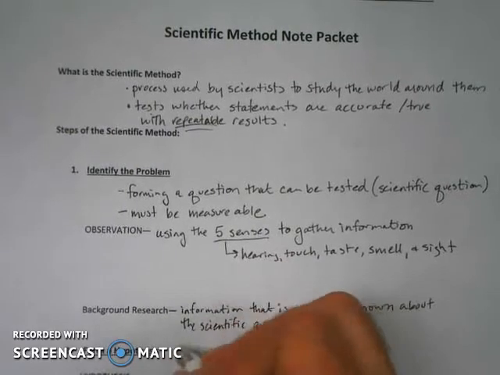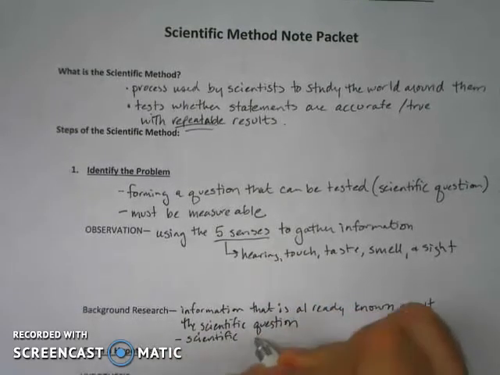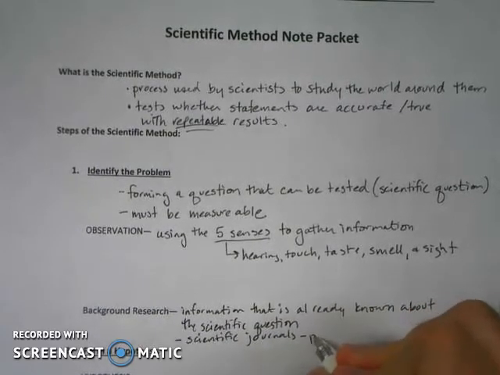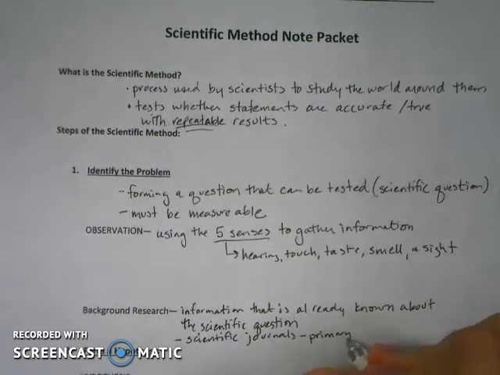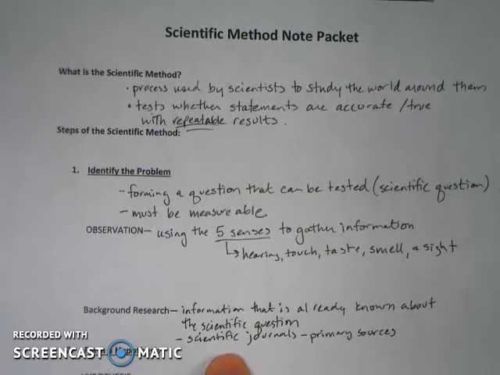So what you have to do is we look at what are known as scientific journals. These are our primary sources. So this is where people report all their knowledge on different things that they have tested. So they've gone through the scientific method, they publish this in these scientific journals, and they're very hard to read.